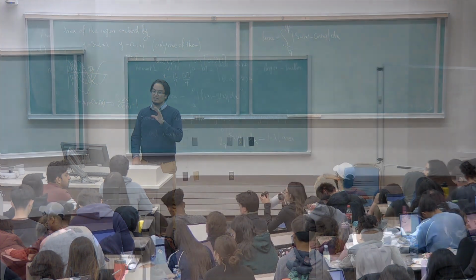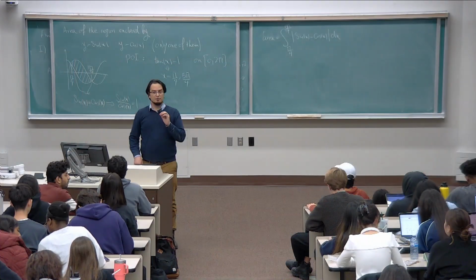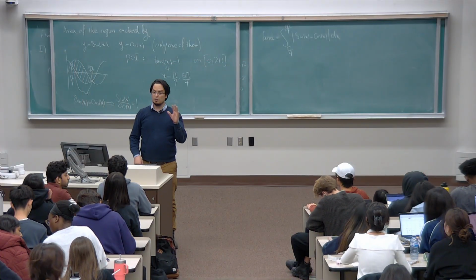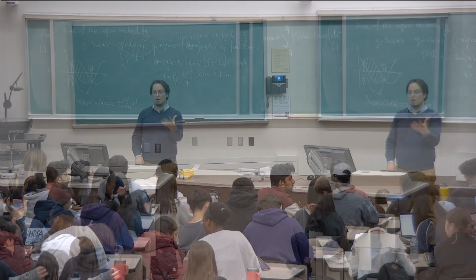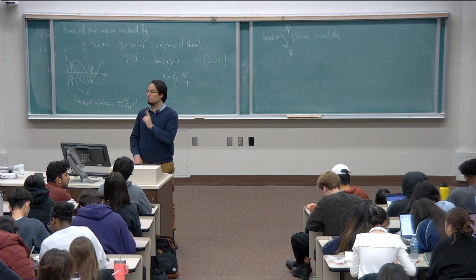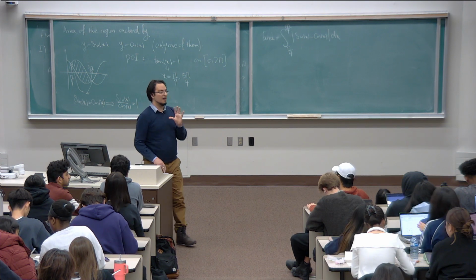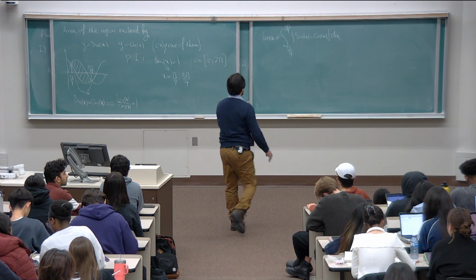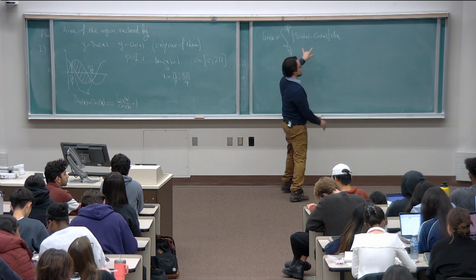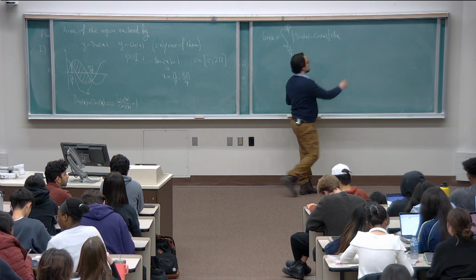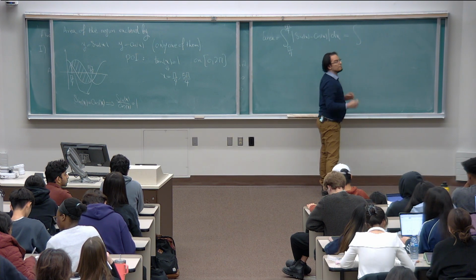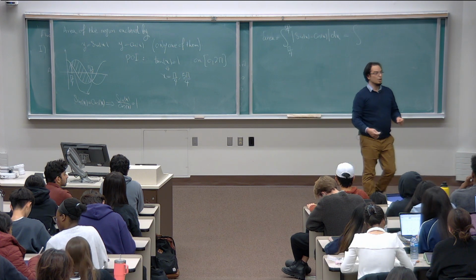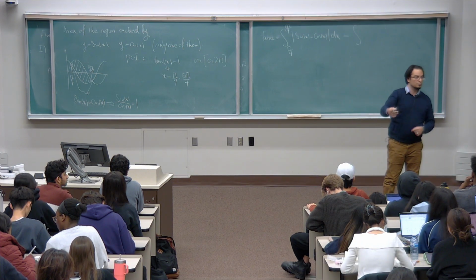Writing area using absolute value has its own good things. It gives you one whole integral to evaluate. But when it comes to evaluating the integral, you have to get rid of the absolute value. In this case, getting rid of the absolute value means that you figure out which one is the upper one and which one is the lower one.